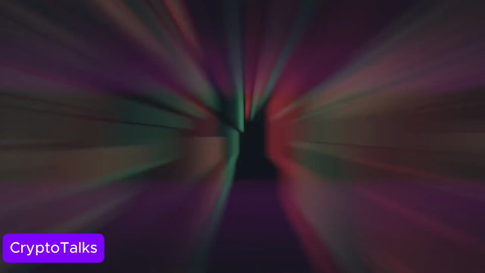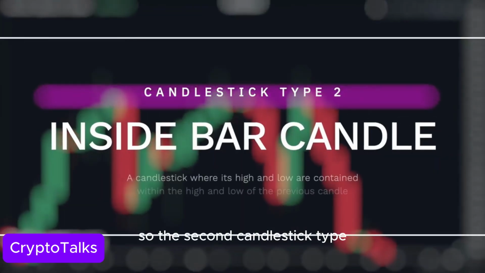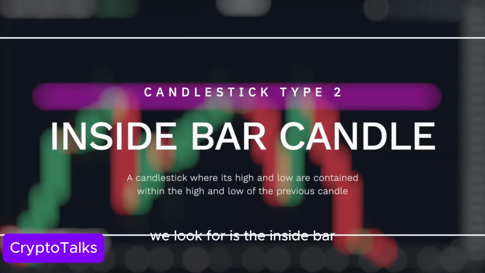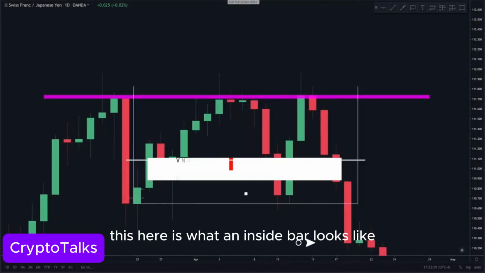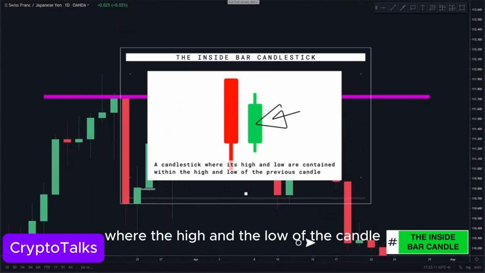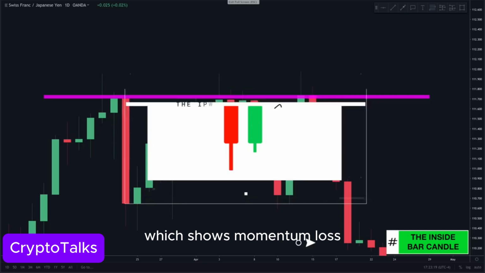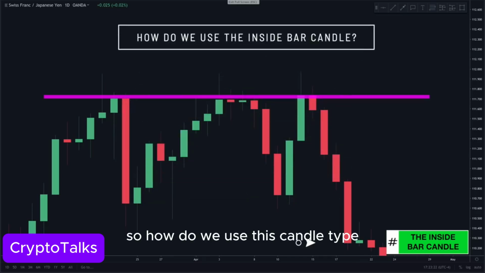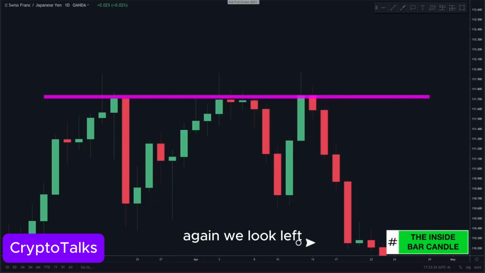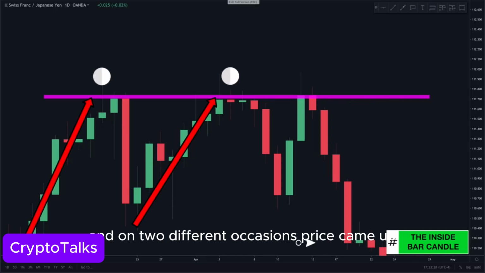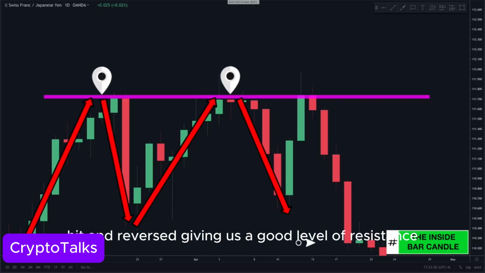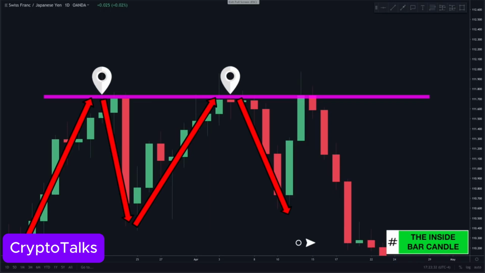Now moving on. So the second candlestick type. This here is what an inside bar looks like. It is completely inside of the high and the low of the previous candle. So how do we use this candle type? Again, we look left, and on two different occasions price came up, hit and reversed, giving us a good level of resistance.